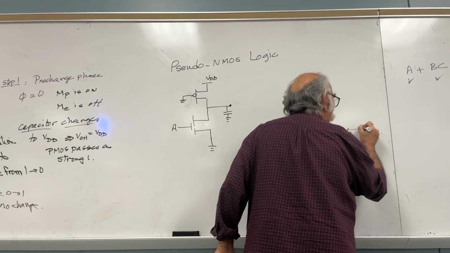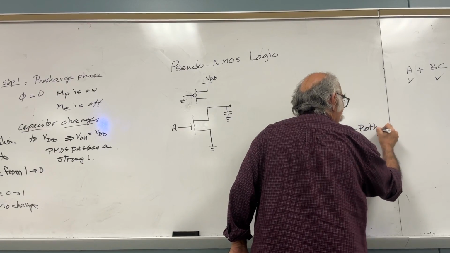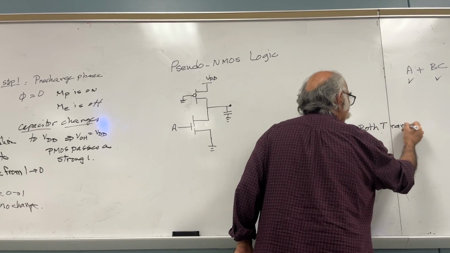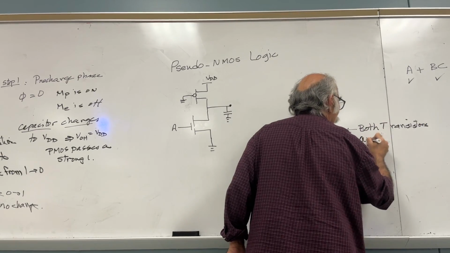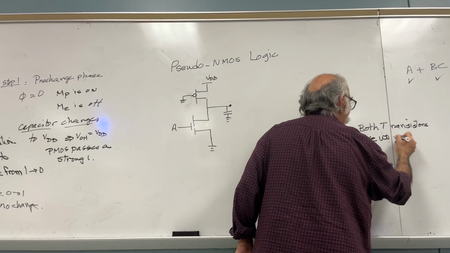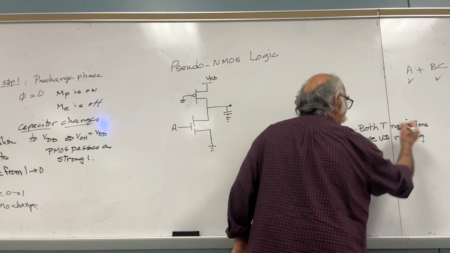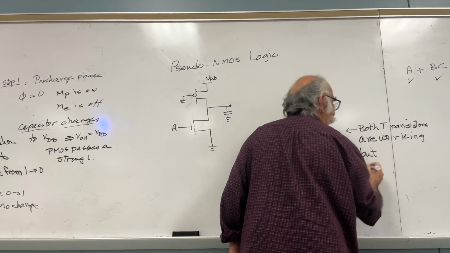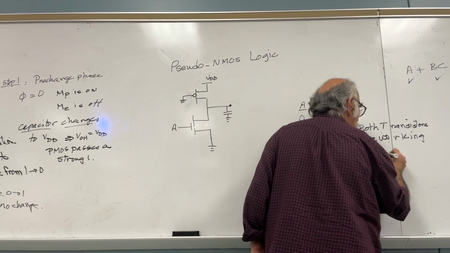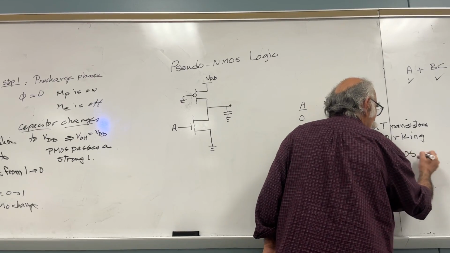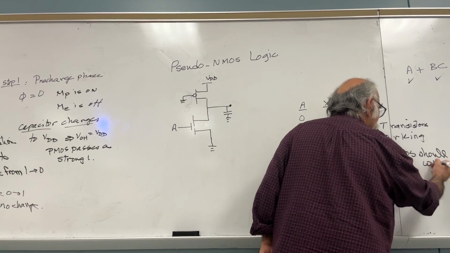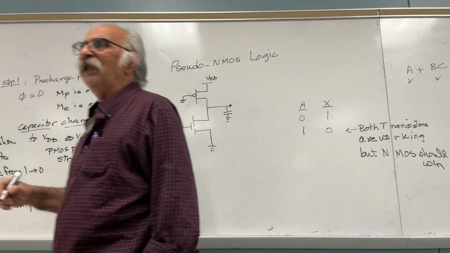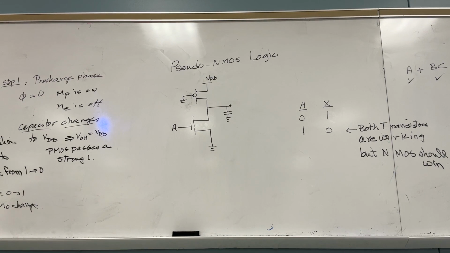In other words, both transistors are working, but the NMOS should win. What does that mean? The NMOS needs to be bigger. It needs to be bigger. The sizes.